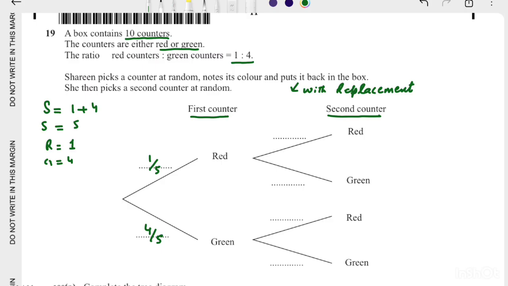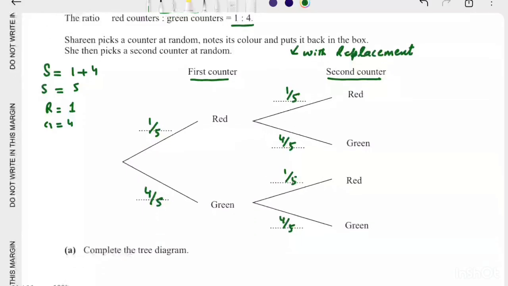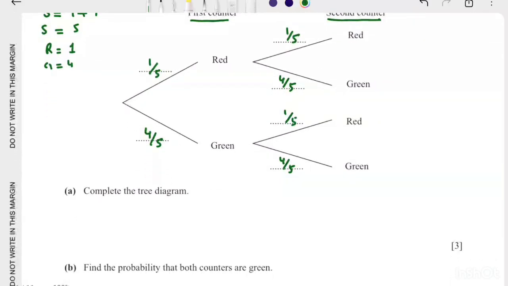As this is a with replacement case, there won't be any effect on the second branch, so the same probability would be written over there as well for the second counter. 1 upon 5, 4 upon 5, 1 upon 5, and 4 upon 5. Now next part, complete the tree diagram we have done.